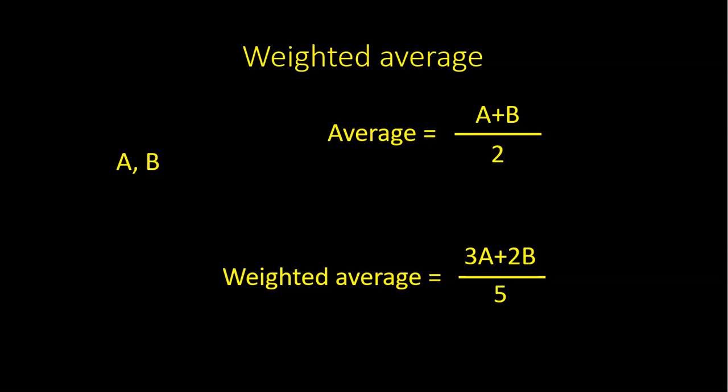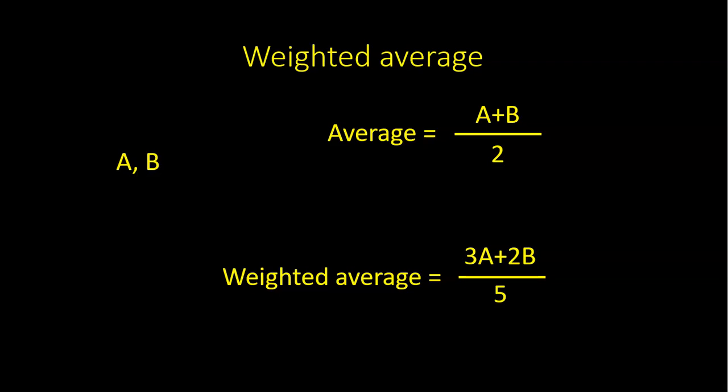This is going to give us an answer a little bit closer to a than the regular average because we've decided that a counts more than b does. Effectively, we've averaged the 5 numbers A, A, A, B, and B. This gives us something in between A and B, but a little bit closer to A.